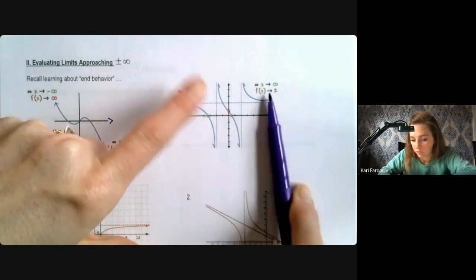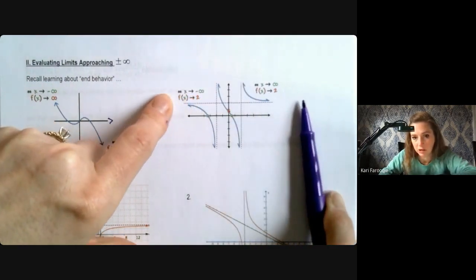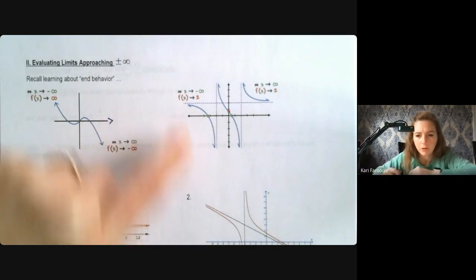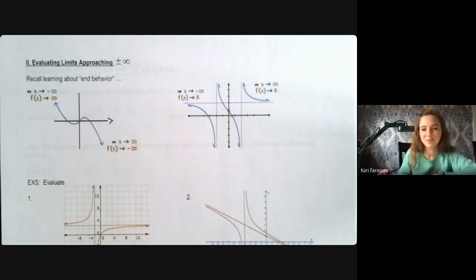The asymptote is guiding the end behavior of the function as x gets increasingly large or increasingly small. So does that make sense? I just want to make sure that's clear because students are always like, this doesn't look right to me. I know it's okay for the graph to cross a horizontal asymptote somewhere in the middle of the function.